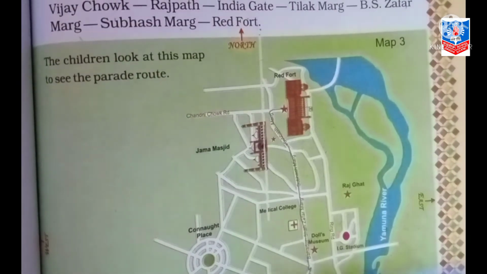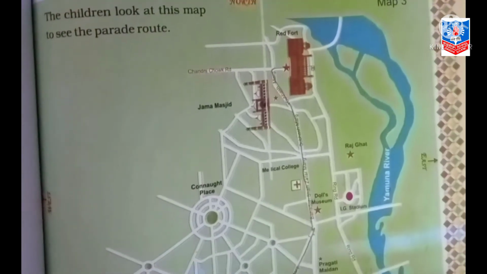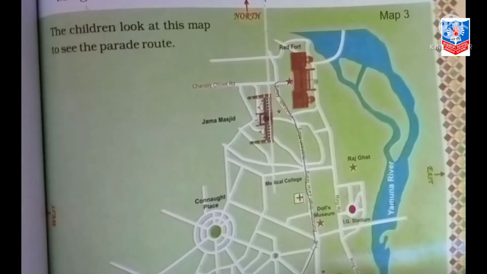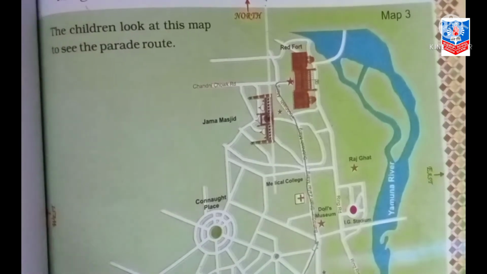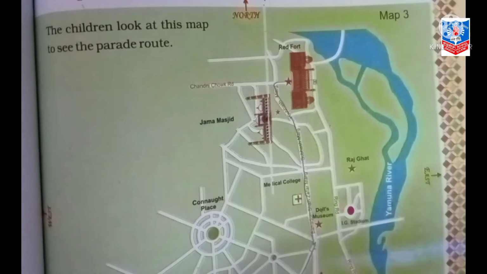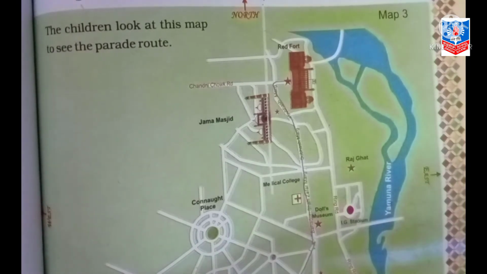Now our third question. If Rubia is coming from Jama Masjid to join the parade, guess about how far she will have to walk. And the total route of the parade is about how long.